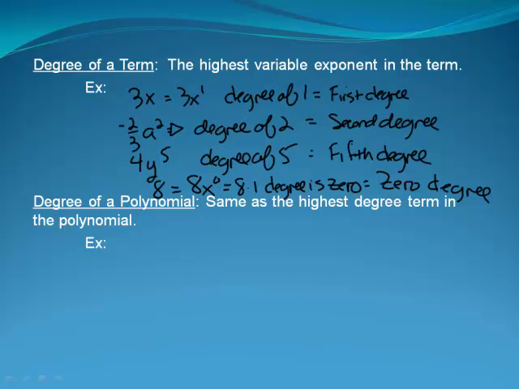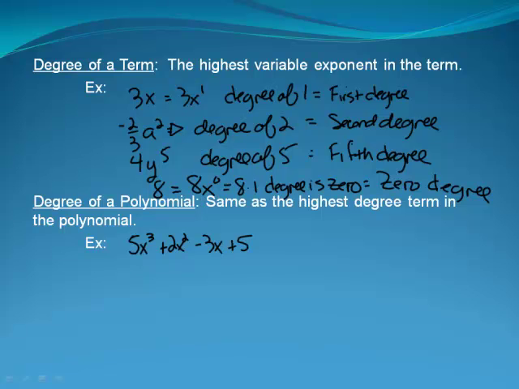Now let's expand that and talk about the degree of a polynomial. It turns out that the degree of an entire polynomial is the same as the highest degree term in the polynomial. So, for example, let's say you're looking at this polynomial, 5x cubed plus 2x squared minus 3x plus 5.